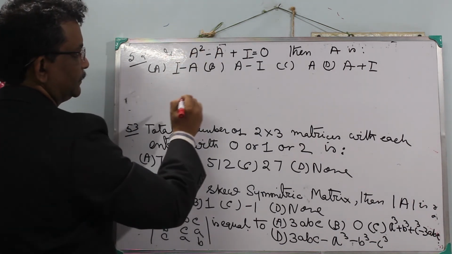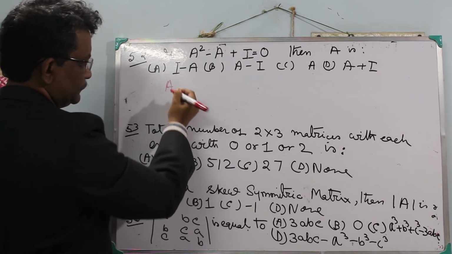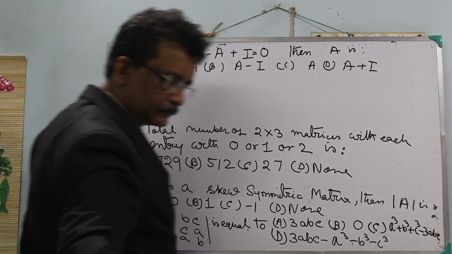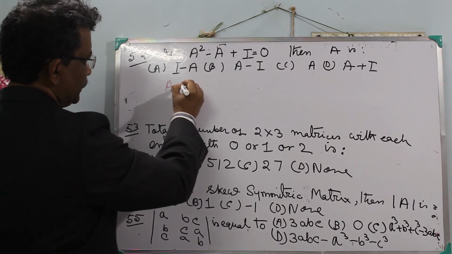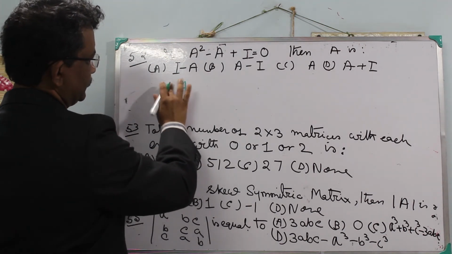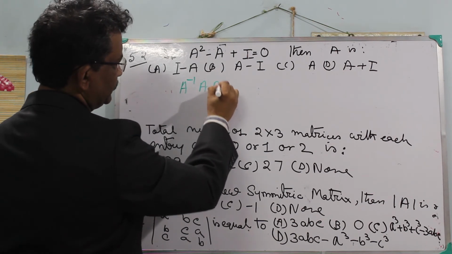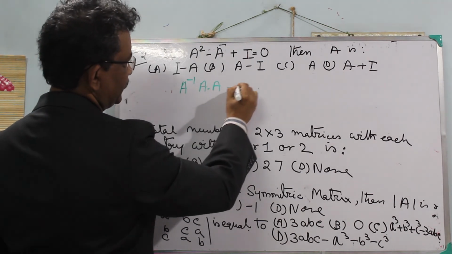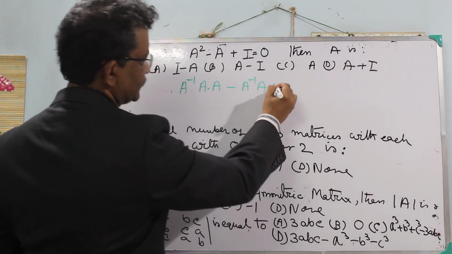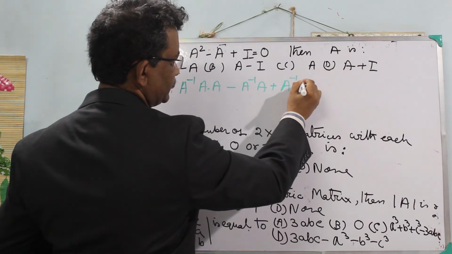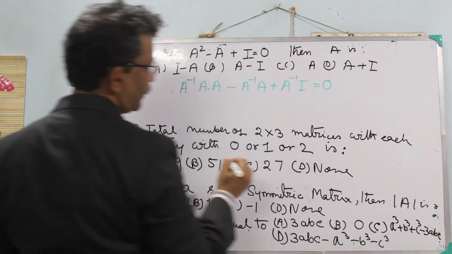Then we will get A inverse into A square, I can write A into A, minus A inverse into A plus A inverse into I equal to null.